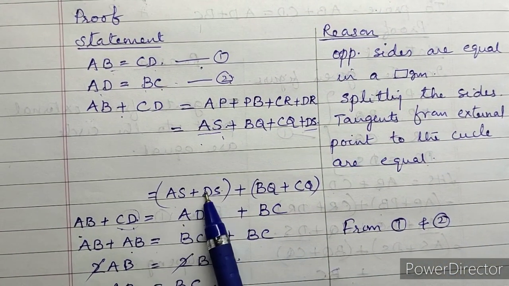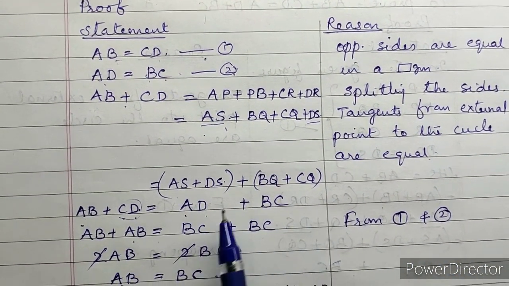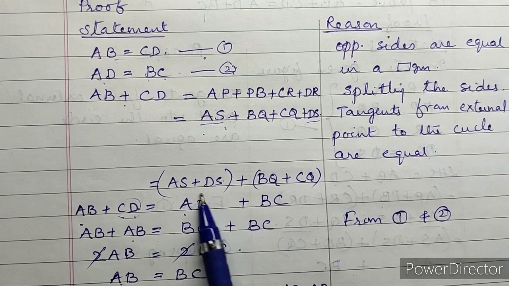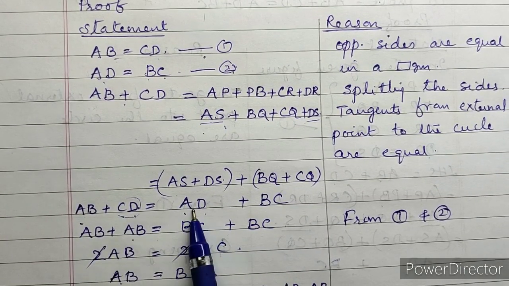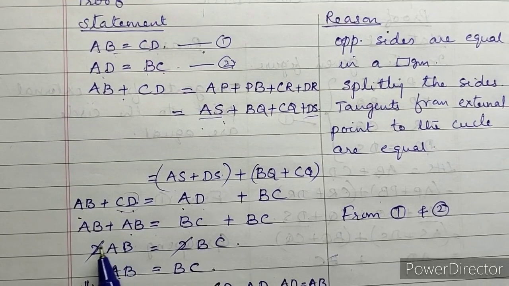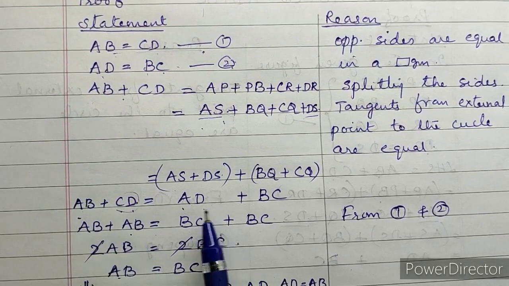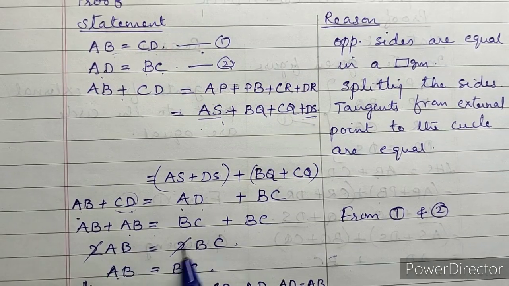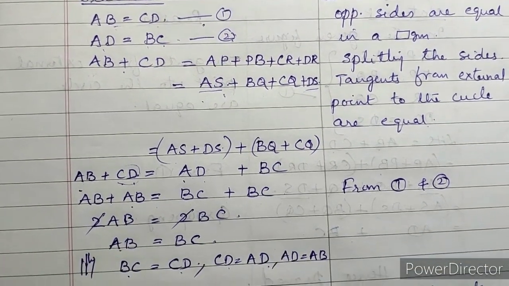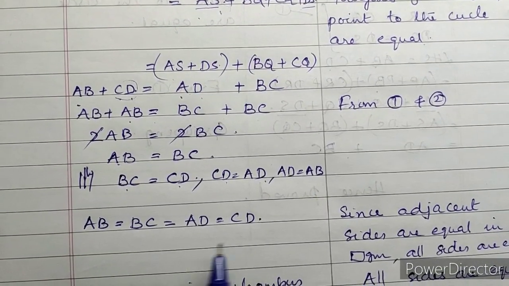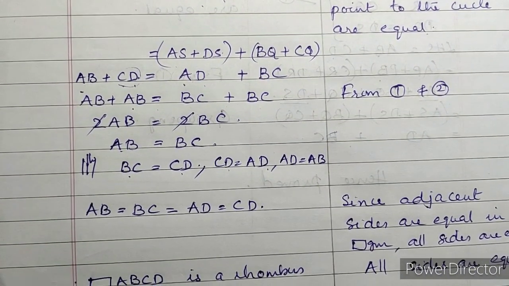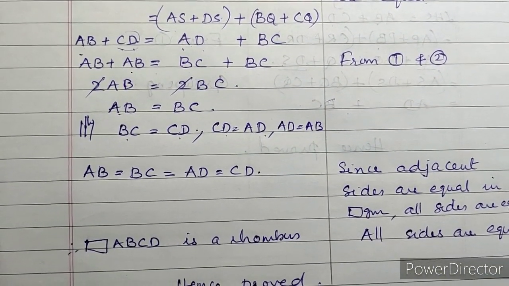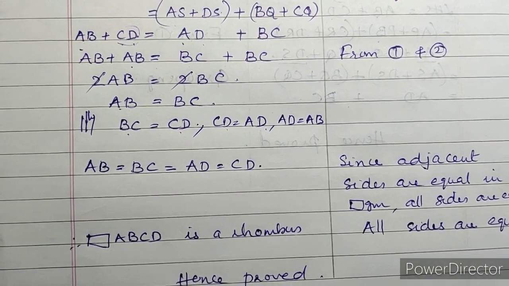You have to substitute there, group it, then change that side. So you will get AB plus CD is equal to AD plus BC, but you know that CD is equal to AB. In the starting only we have written the data, substitute that, 2 cancel, remaining. So all the sides are equal means it is a rhombus. So this is the way of proving this sum. So hope you understood, children.